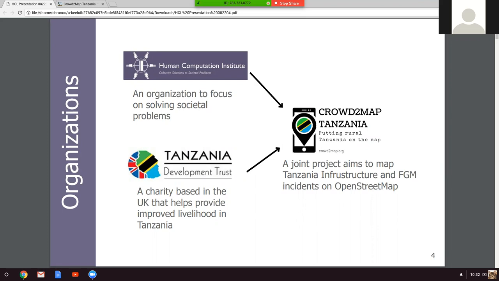Human Computation Institute is the lead organization on this project, and they focus on societal problems. Tanzania Development Trust is a charity based in the UK that helps provide improved livelihood in Tanzania. Together, they have a joint project called Crowd2Map Tanzania that aims to map Tanzania infrastructure and FGM incidents on OpenStreetMap.